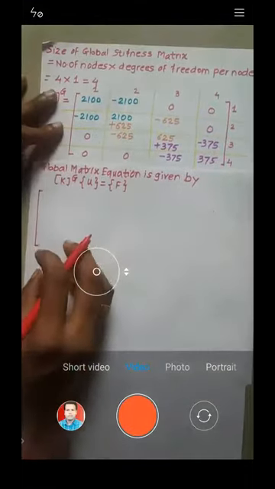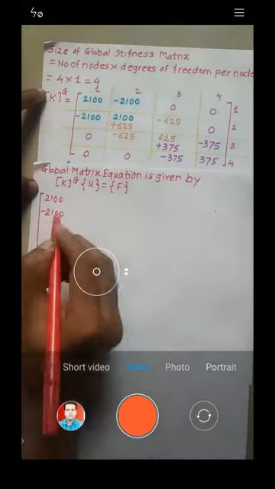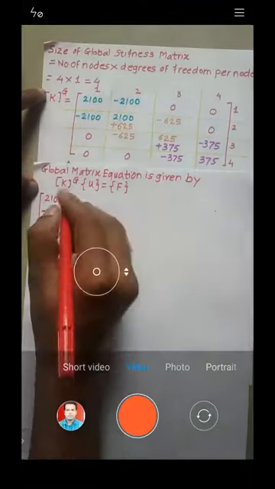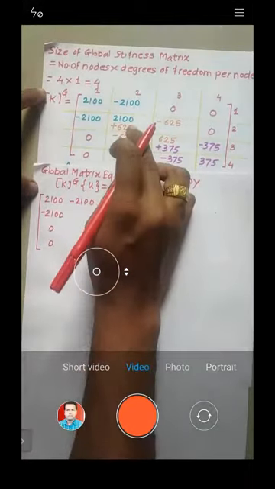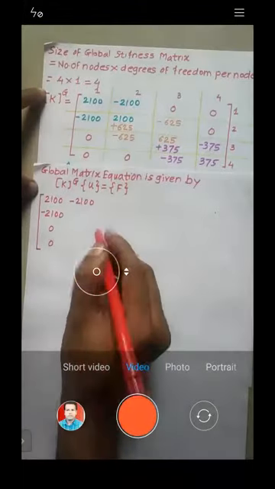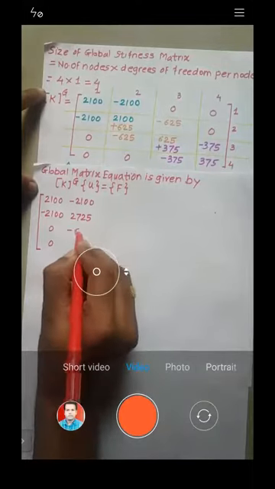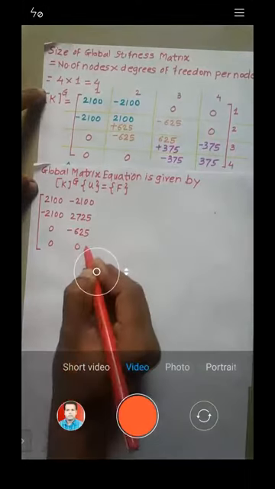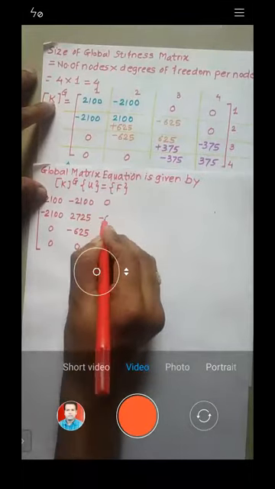I will write it down now. This is 2100, minus 2100. This is 0, this is 0. Then here I have minus 2100, then 2725. This is minus 625. This is 0. Then 0, minus 625.